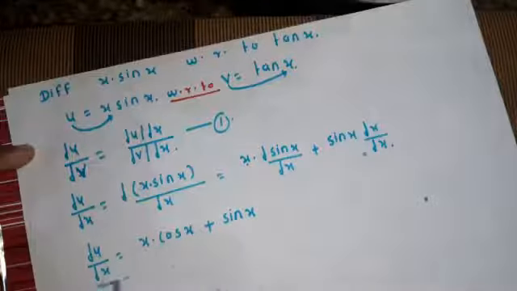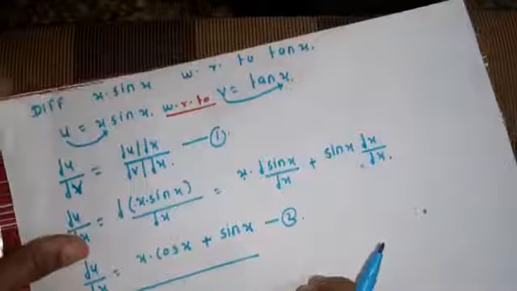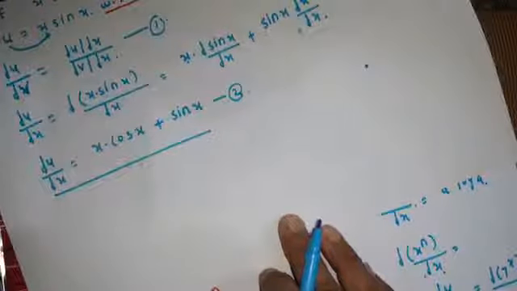Hence this is du by dx. This is second. Okay. Now dv by dx.